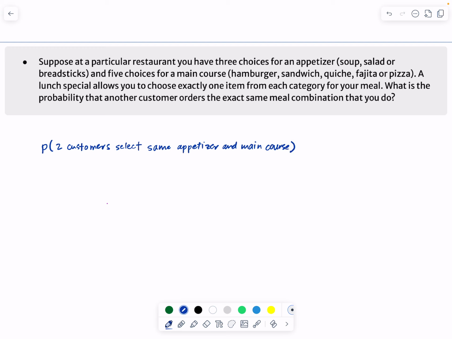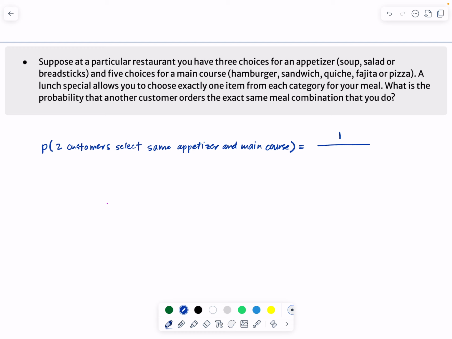Now, if you think about that, if both items have to be exactly the same, there's only one way that that is going to happen, right? So for our desired outcome, that's just going to be one. There's one way that you would both have matching orders, or that your two orders would be exactly the same.